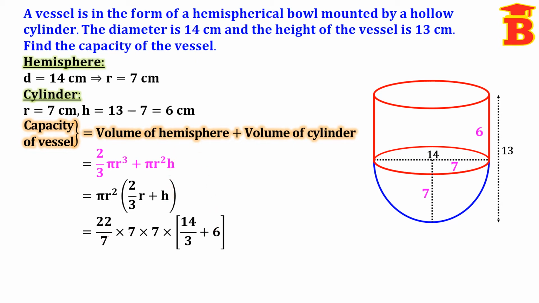Now we can cancel 7. So the remaining terms are 22 into 7 into this bracket, which we have to add. So taking LCM, 3 into 6, 18 plus 14, that is 32 divided by 3. Here we cannot cancel 3, so we just multiply all the numbers and finally divide by 3.